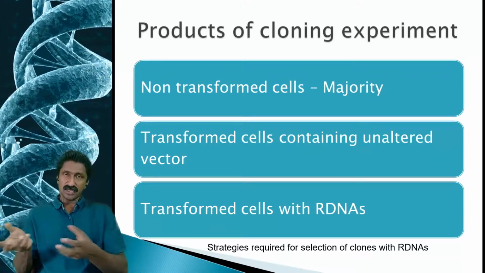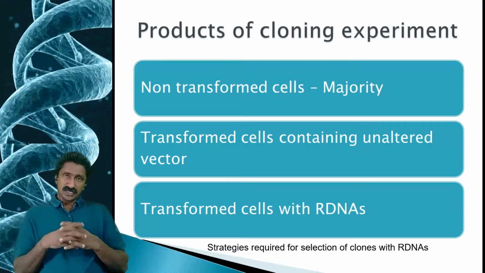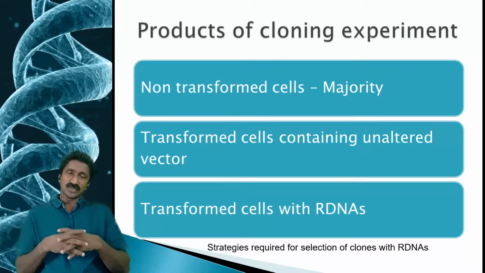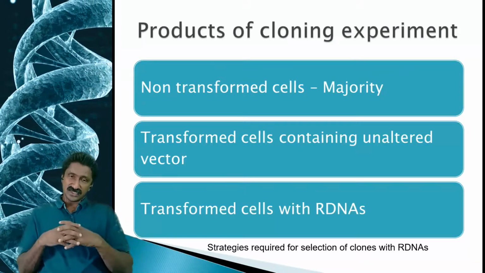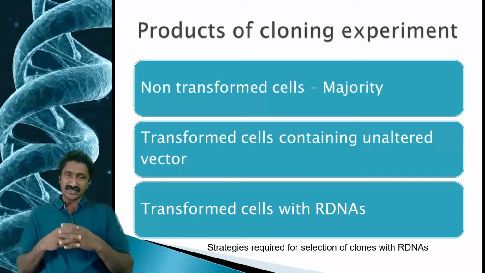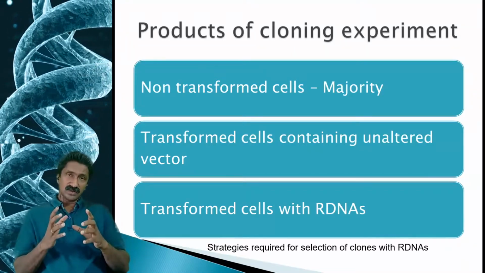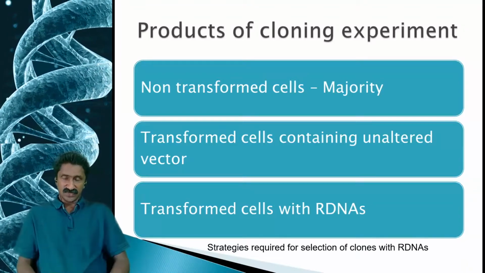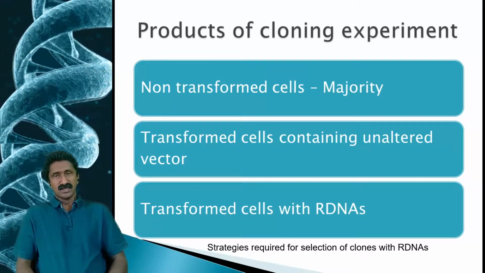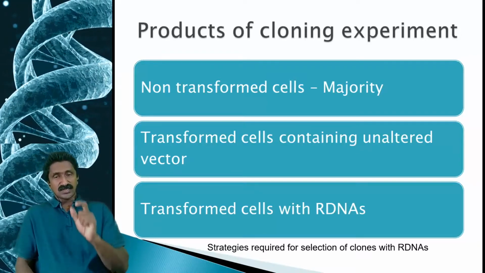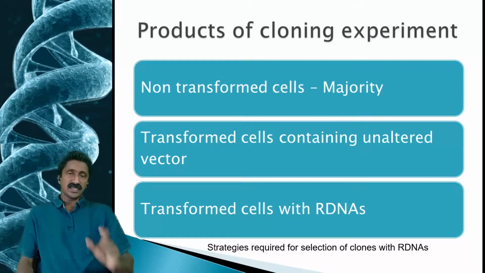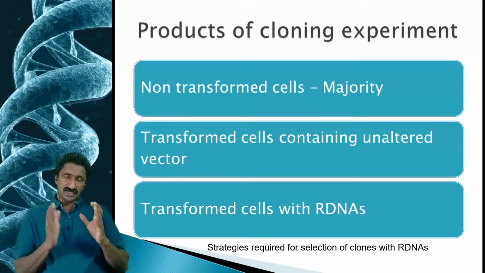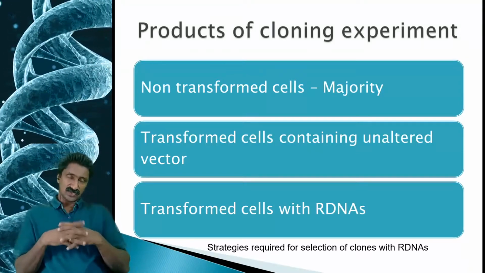For example, E. coli takes up the plasmid DNA, that is pBR322, but that pBR322 is not incorporated with the concerned DNA insert, for example, the insulin gene. In that case, we have a transformed cell with an unaltered vector, just pBR322 without the target gene. Now the third possibility is transformed cells with the concerned DNA, or rDNA. That is the actual transformed cell with the DNA insert or DNA construct.